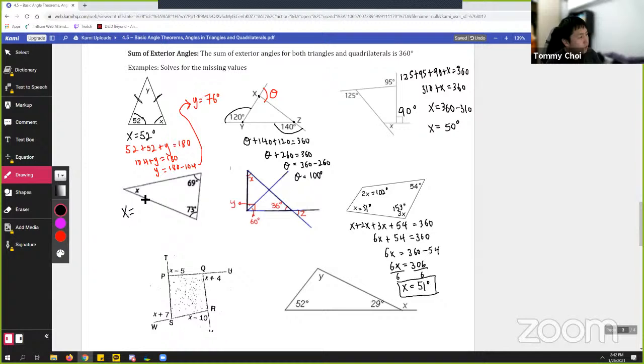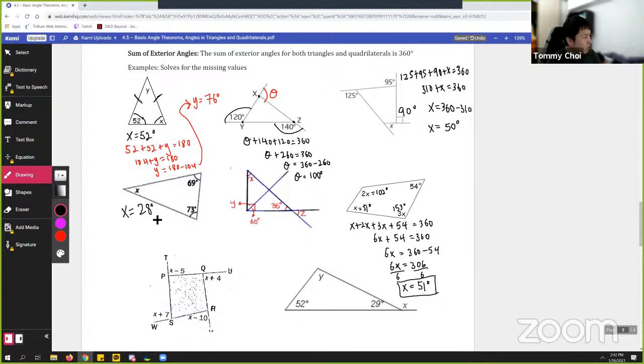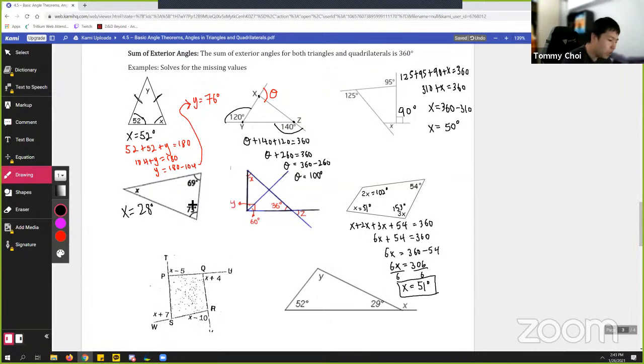Does anyone have the answer for x here? You mean the interior angle? Yes. Mercel said 28 degrees. Does someone want to verify that? All angles in a triangle add up to 180. So if you subtract 180 minus 69 minus 73, I don't get 28.